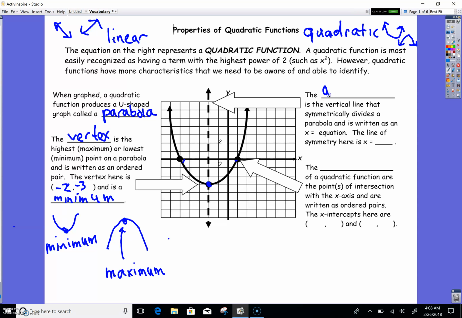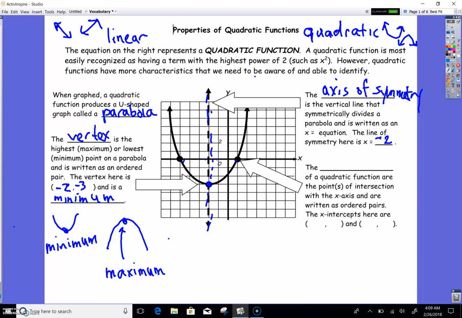It is a vertical line that symmetrically divides the parabola and is written as an x equals equation. The line of symmetry here, we're going to count 1, 2, so that's going to be -2. The line of symmetry is -2 because you see that right there? It cuts it in half at -2.